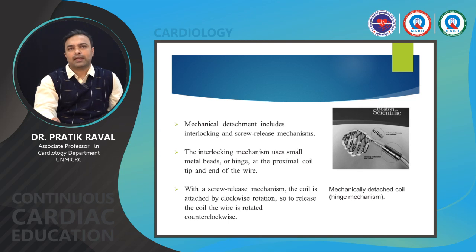The interlocking mechanism uses small metal beads or hinges at the proximal coil tip and at the end of the wire. With the screw release mechanism, the coil is attached to the wire by clockwise rotation, and hence to release the coil from the wire, we have to rotate the wire in a clockwise direction, just like we release the ASD, VSD and PDA devices.